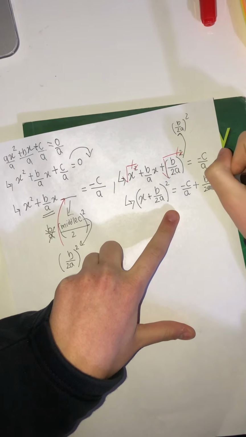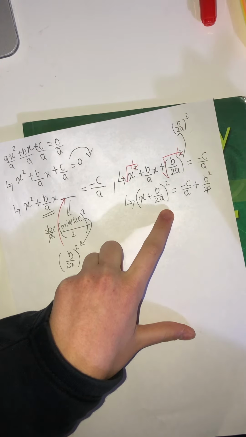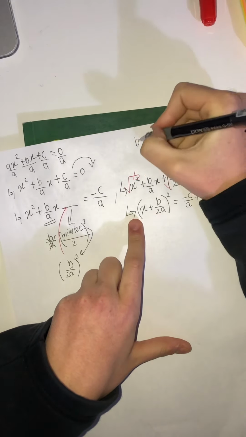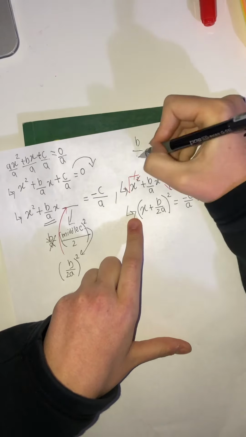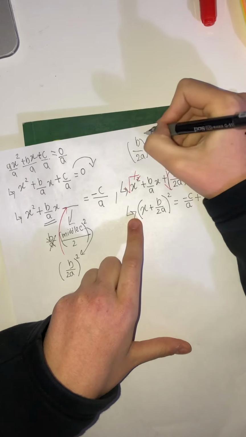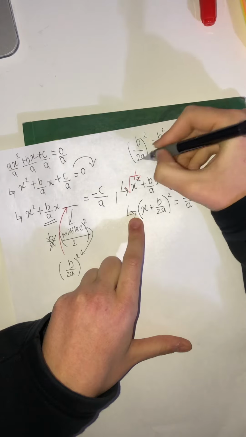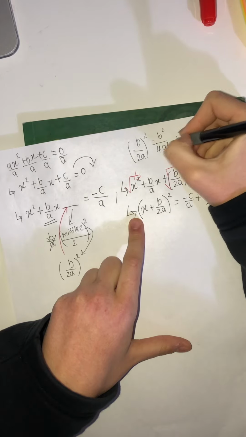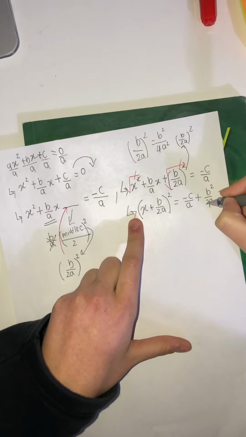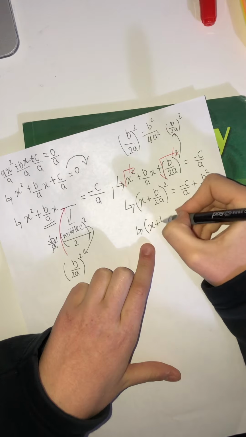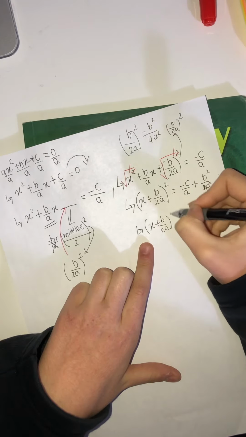This will be 4, sorry, because when we simplify it, it will be b² over 4a². So let me just write this one more time to be cleaner.